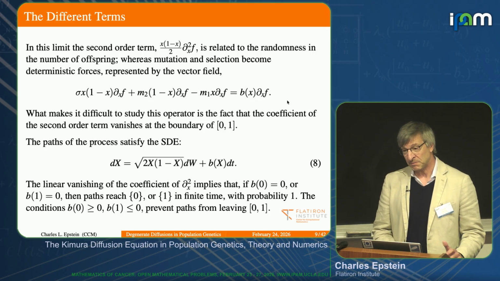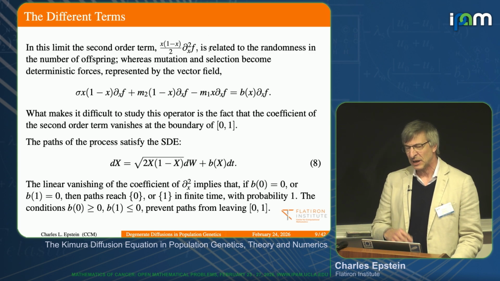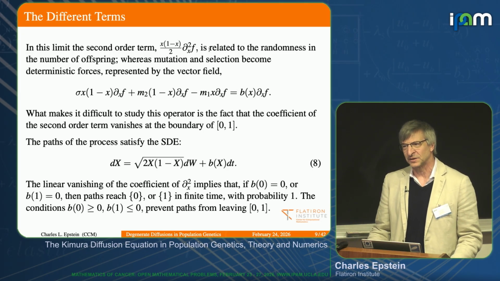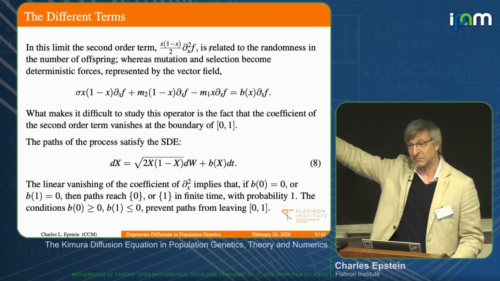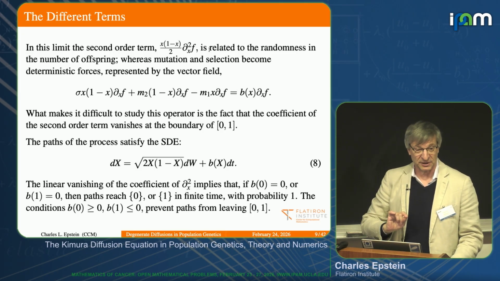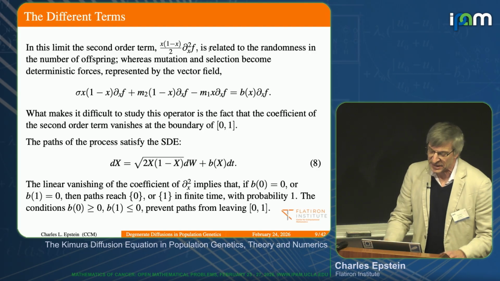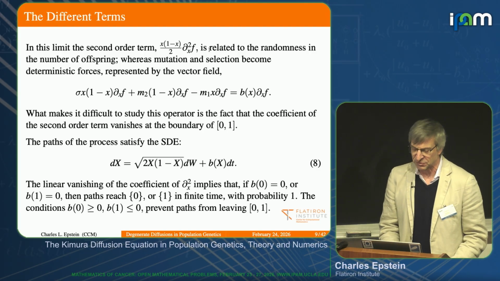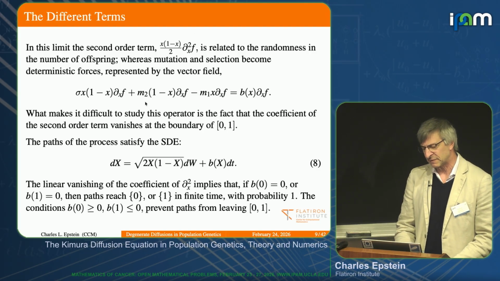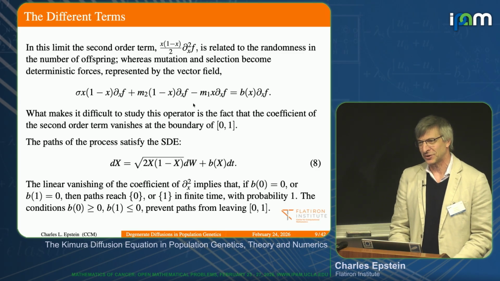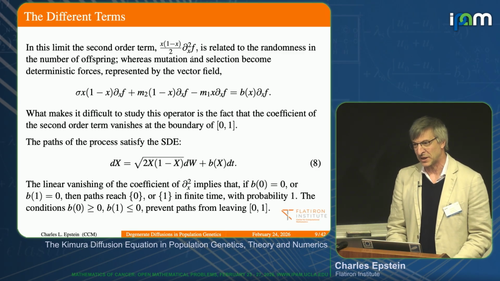So if we didn't have this diffusion term, x(1 minus x) d by dx squared, and we just solve the equation dx/dt given by this vector field, it would just give us a single trajectory. It would be a deterministic model. So in this diffusion limit, the interesting thing that happens is that, relatively speaking, mutation and selection are deterministic relative to the randomness of mating.